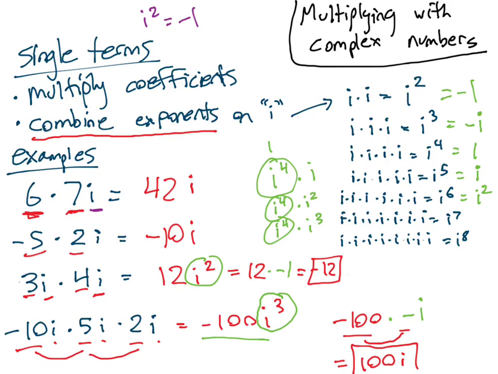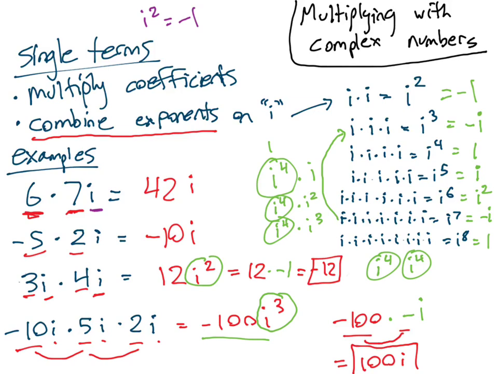So i to the power of 7 is i to the power of 4 times i to the power of 3. And we already know what i to the power of 3 is equal to. That's equal to negative i. And i to the power of 8 gets right back to where we started with i to the power of 4 times itself. And since both of those are equal to 1, i to the power of 8 is 1 times 1, which is just 1.